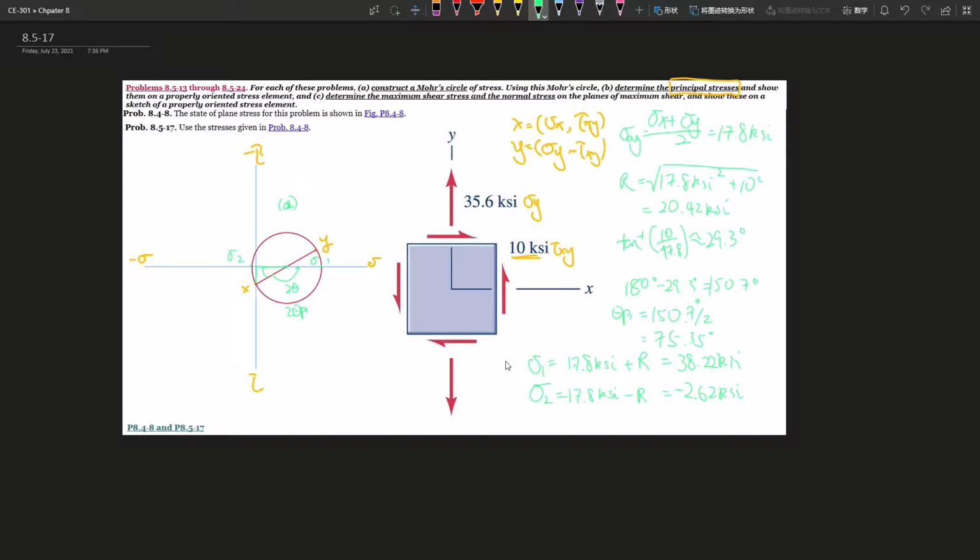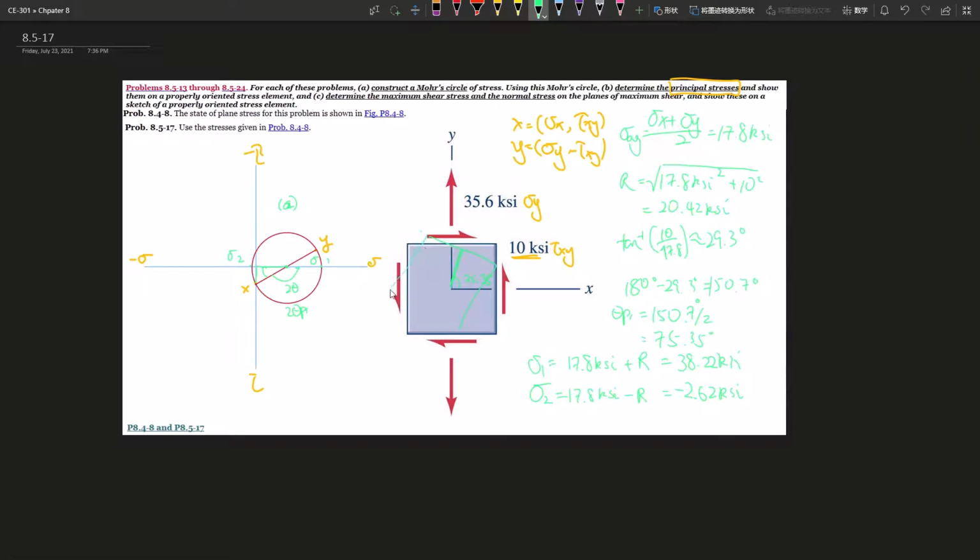And show them on the proper orientation. So this is where we're going to rotate by 75.35. You're going to have a square that's something like this, right? This line has to be perpendicular with this.